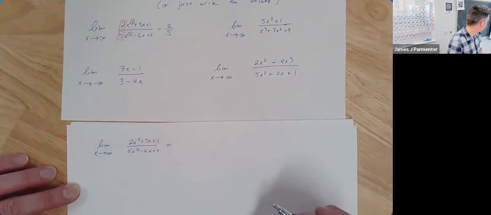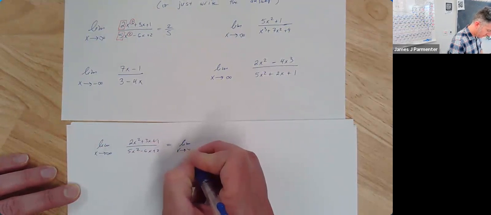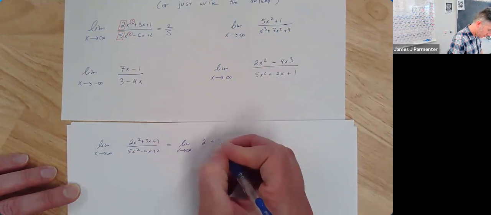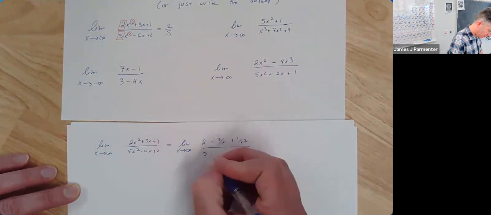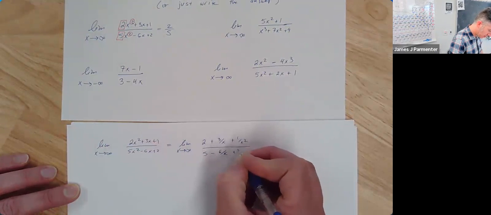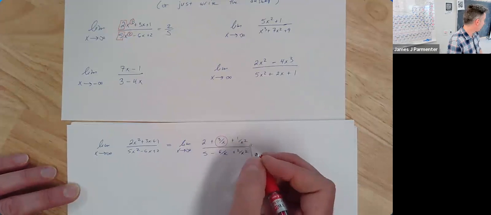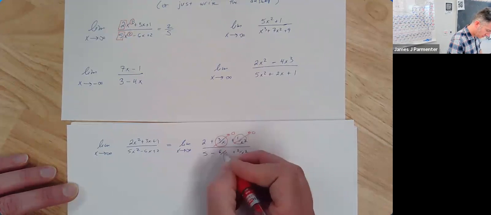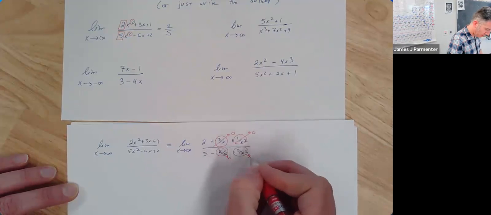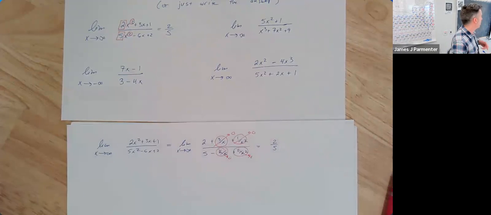If we divide everything by x squared, we get the limit as x goes to infinity of 2 plus 3 over x plus 1 over x squared, over 5 minus 6 over x plus 2 over x squared. And then all these things that are being divided by x, well, x is getting really, really big, so those are just all going to 0. And we get 2/5.